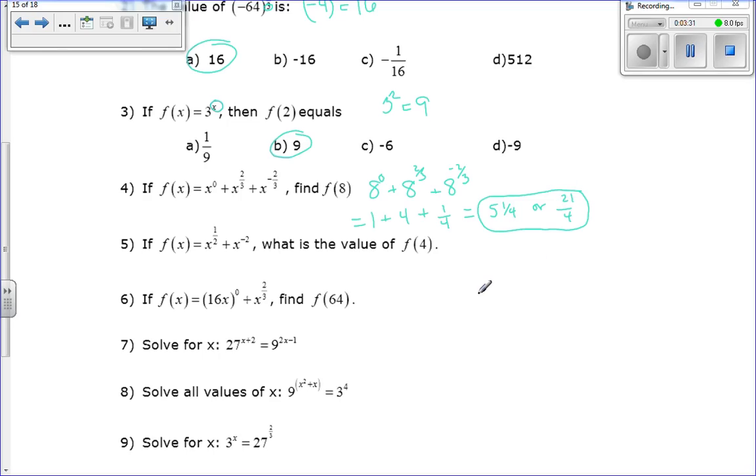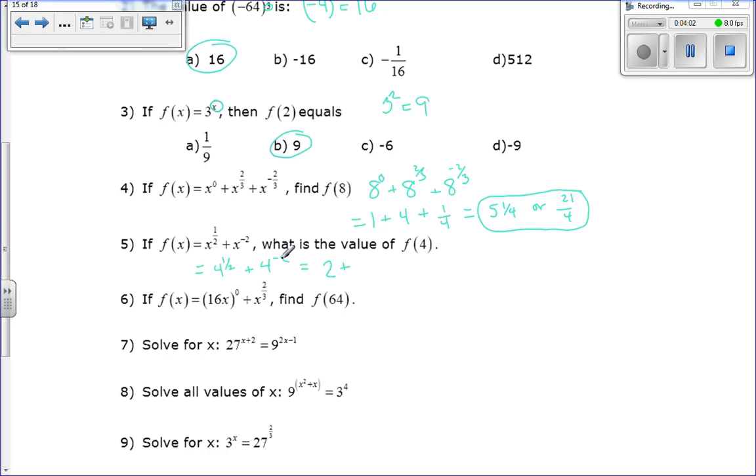For number 5, f of x equals x to 1/2 plus x to the negative 2. What is the value of f of 4? Just put in 4 for x. So we have 4 to the 1/2 plus 4 to the negative 2. 4 to the 1/2. The 1/2 power is the square root, so the square root of 4 is 2.